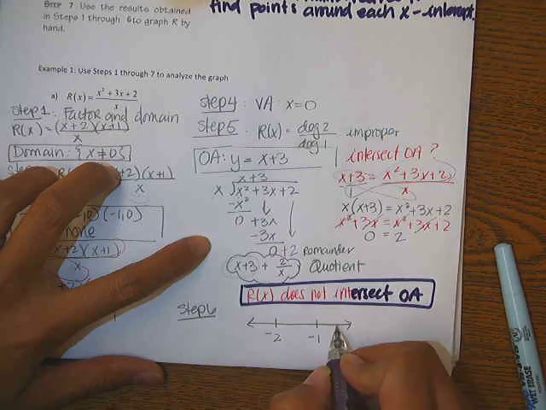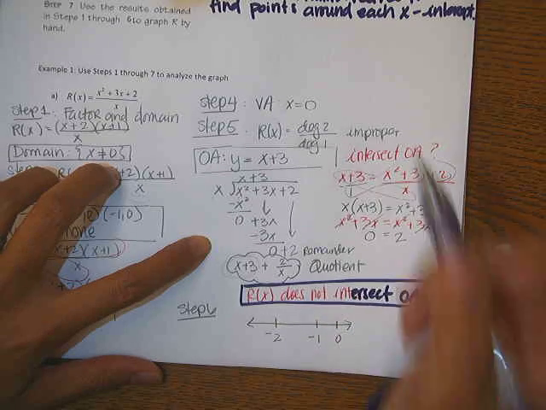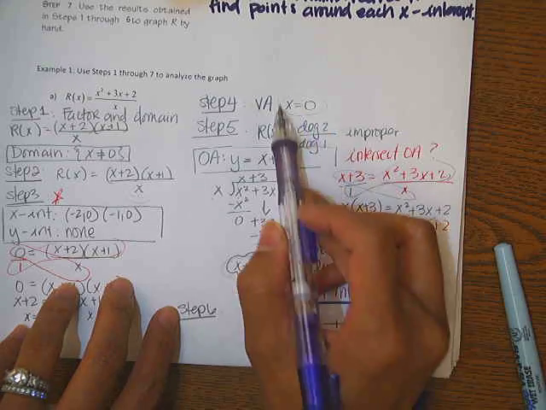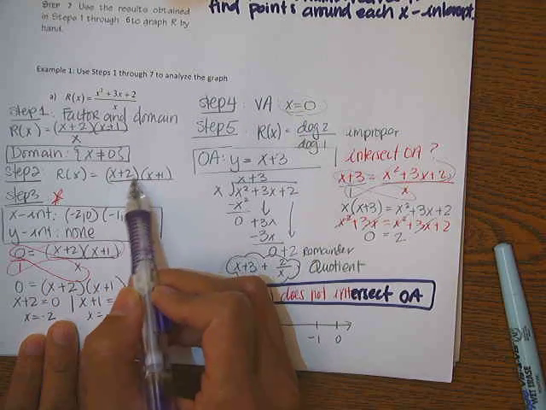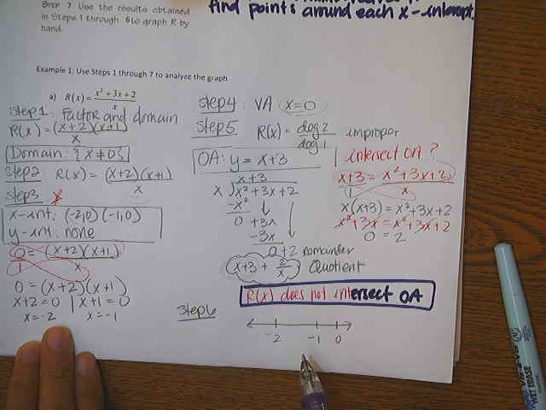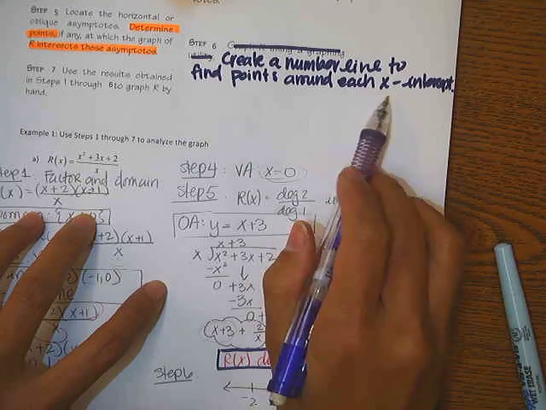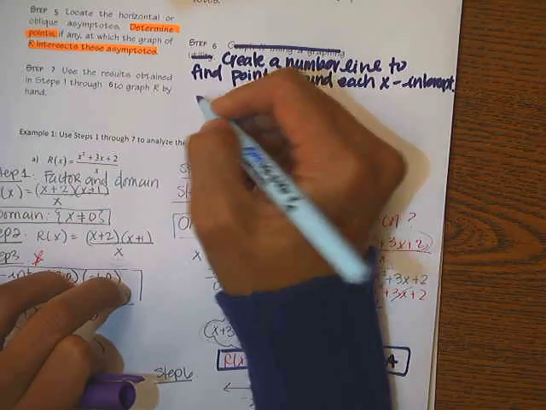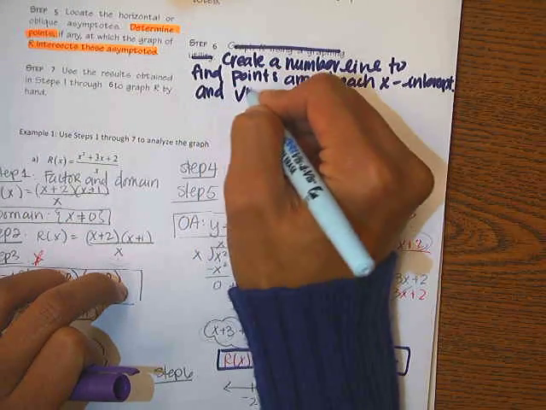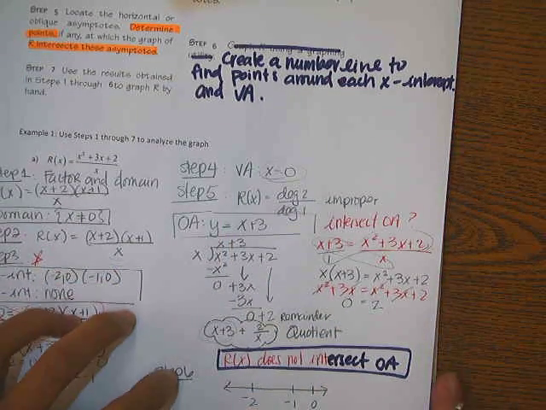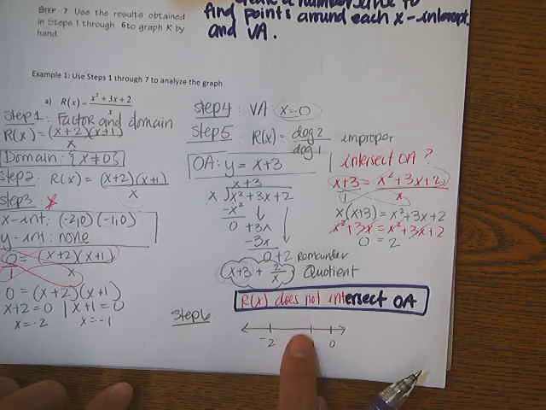So the VA goes right over here. The reason is that the VA is also an x. So these are all crossing or touching the x-axis. So let's add that here: create a number line to find points around each x-intercept and VA. That's important. So we have 3 things, 2 x-intercepts and 1 VA.